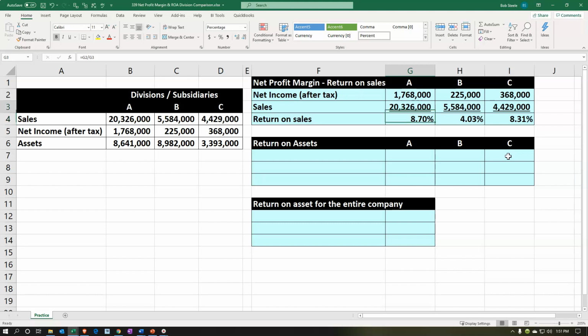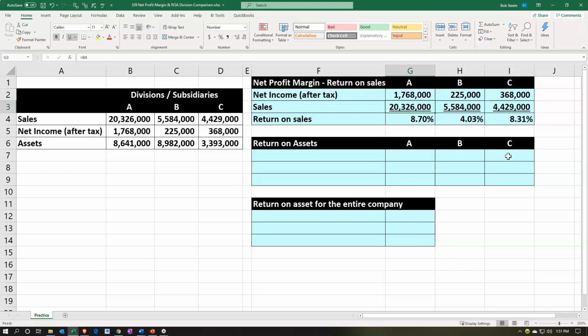So note, we can do that comparison even though, if we were looking at these three divisions in our company meeting, where we're comparing these three subsidiaries, we can't really compare their net income in total because they're substantially different, right? A's got substantially more net income, so we can't really compare performance-wise in that way.